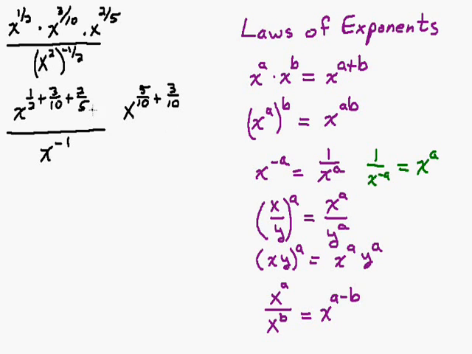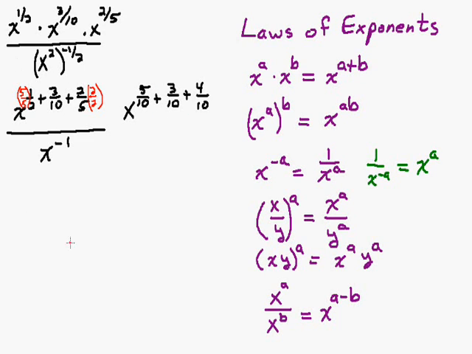And then 2/5 would be 4/10. Most of you probably already know, but this 1/2 I times by 5 over 5, and this I times by 2 over 2 to get my 4/10, and then to get my 5/10. The 3/10 I just left the same.